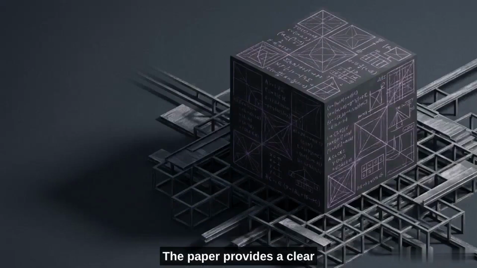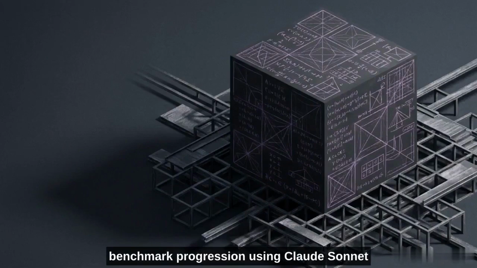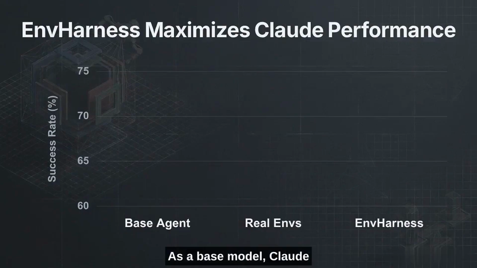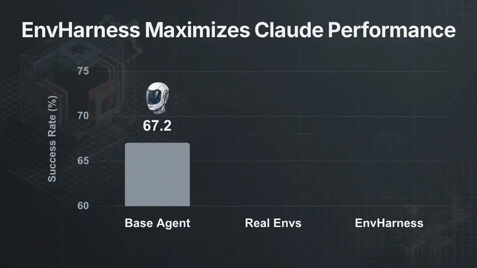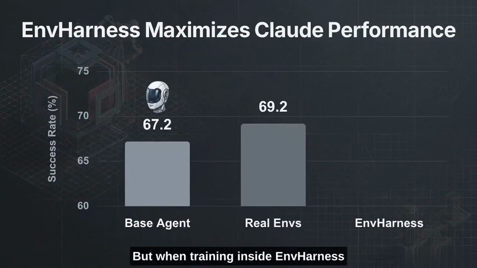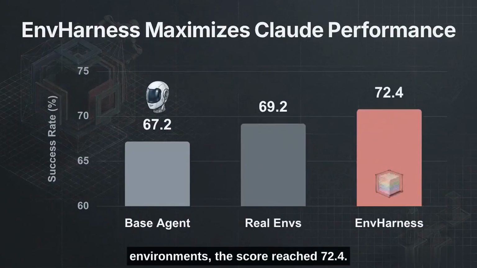The paper provides a clear benchmark progression using Claude Sonnet 4.6 on SWE-bench verified to demonstrate this exact use case. As a base model, Claude scored 67.2. When allowed to learn in real environments, that pushed to 69.2. But when training inside EnvHarness environments, the score reached 72.4.